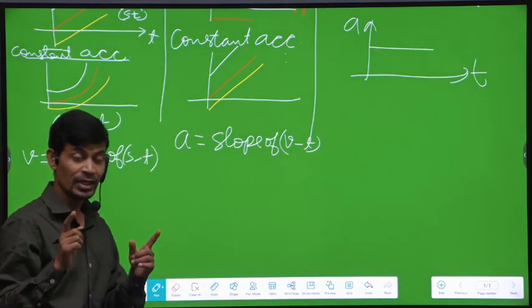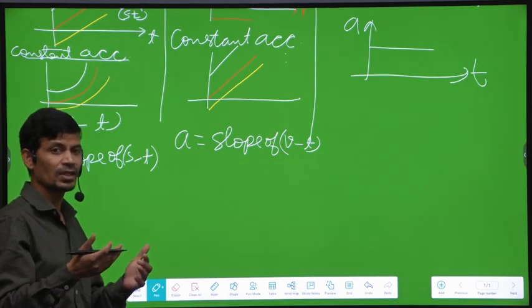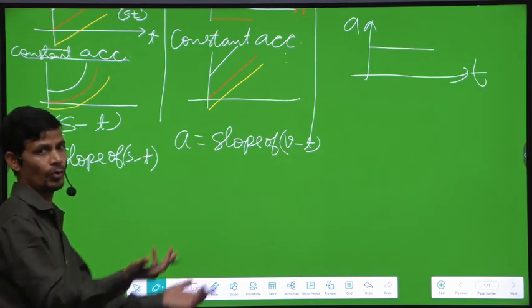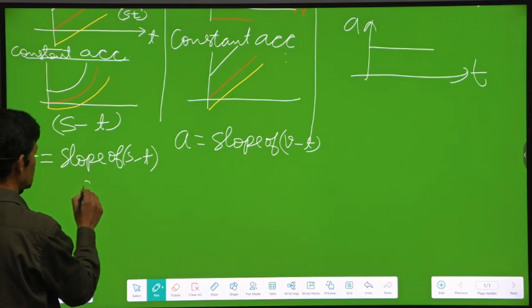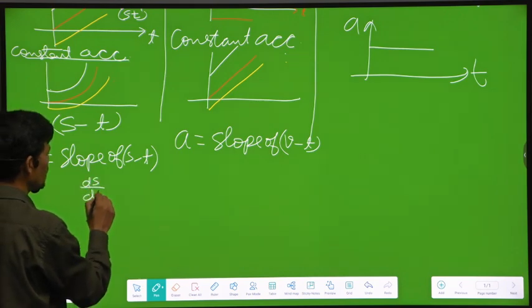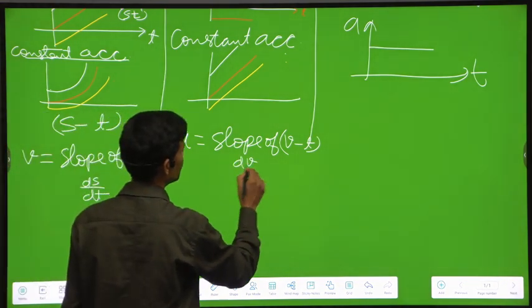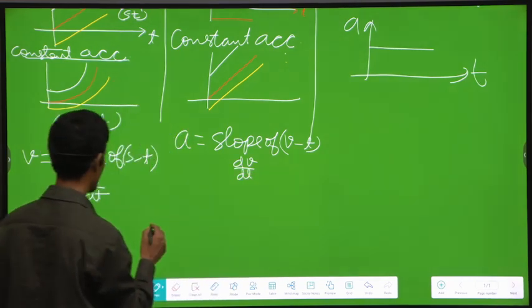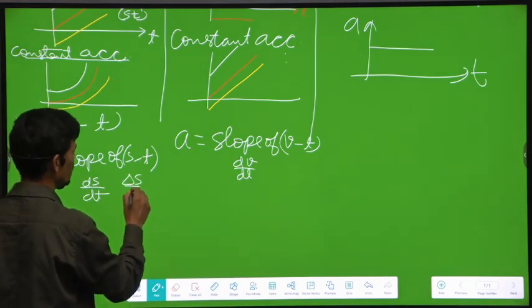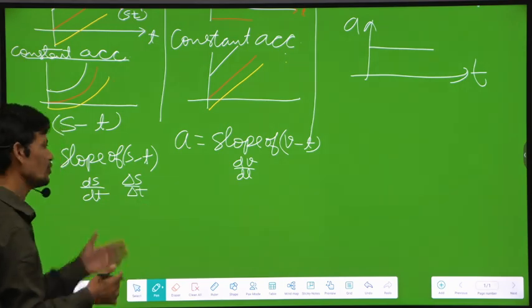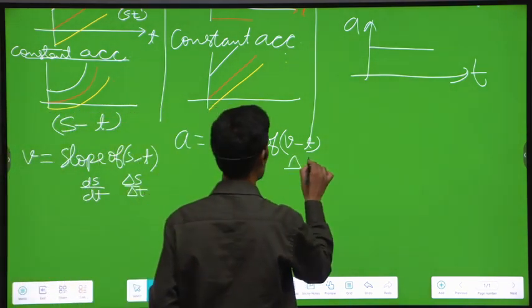And remember, differentiation has a hidden meaning of slope also. So this is the same as ds by dt, and this is the same as dv by dt. Of course, delta s by delta t is also accepted, which we have already studied in class 9th.